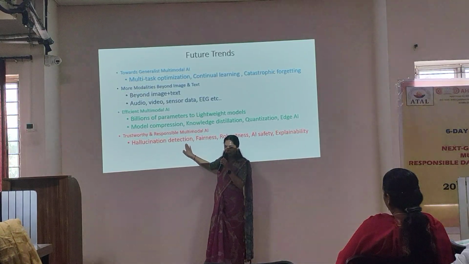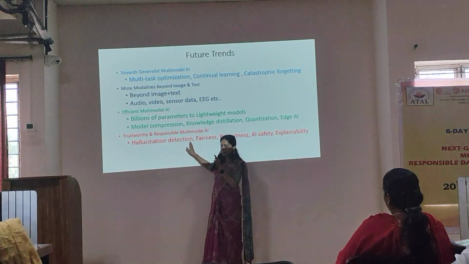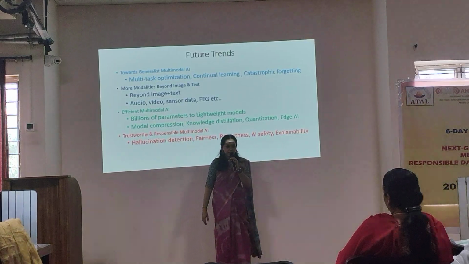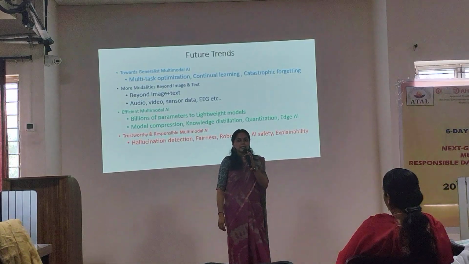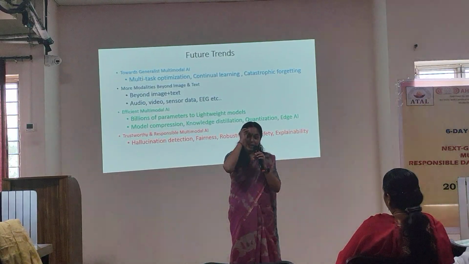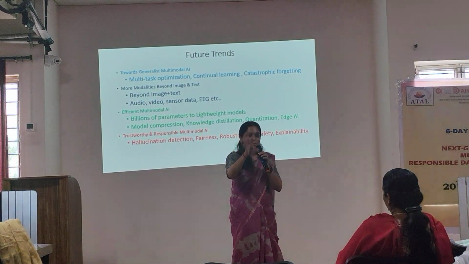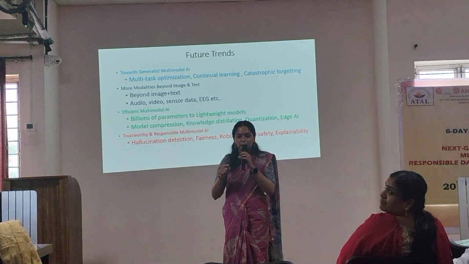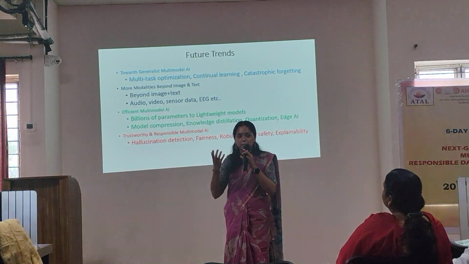Hallucination detection. Hot research area today. Hallucination detection. Which means what? Every AI system, ChatGPT, will give an answer even if it doesn't know about that. Right? That is hallucination. It is dangerous in some cases.